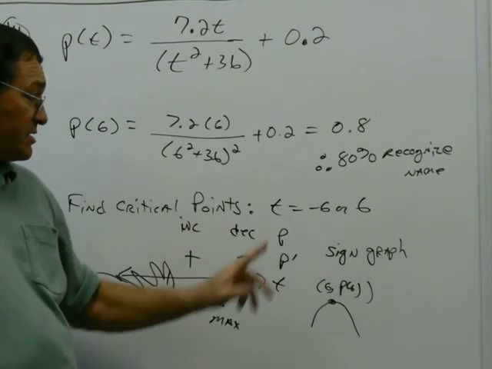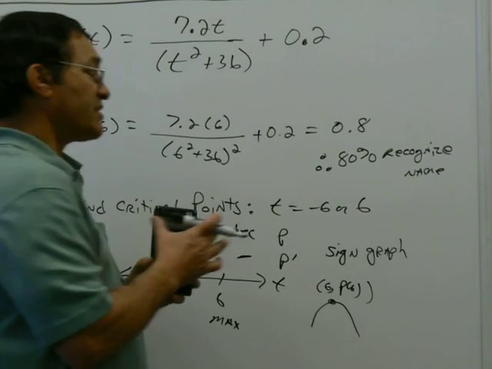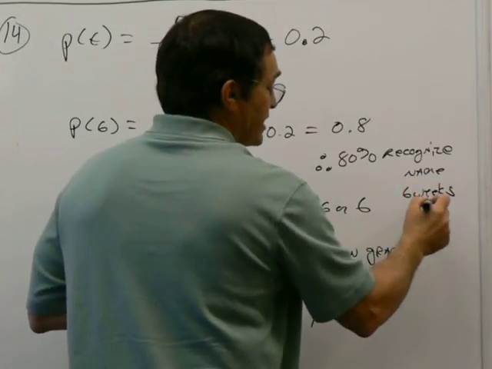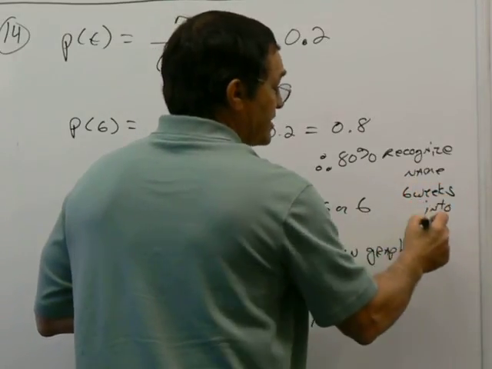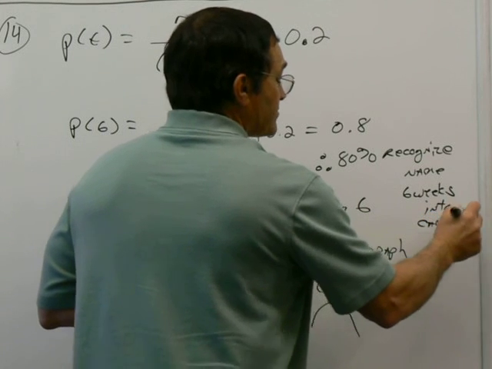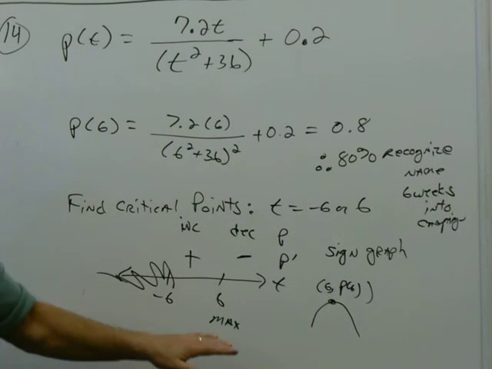When will that happen? 6 weeks into the campaign. So that's the practical information that we have obtained, and a good example of using calculus to get it.